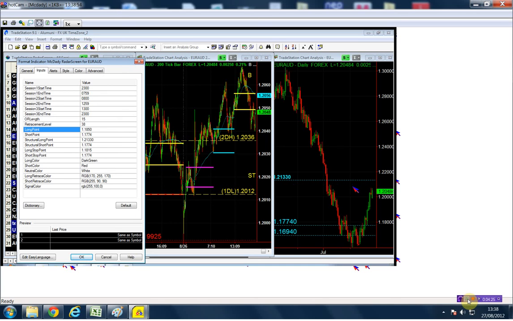That is very attainable, and if it gets above that, you can look for a further push higher. So we're going to buy above 120.71. Our structure long point remains the same, and our stop is going to be inside the market here, so it's going to be below the market side.